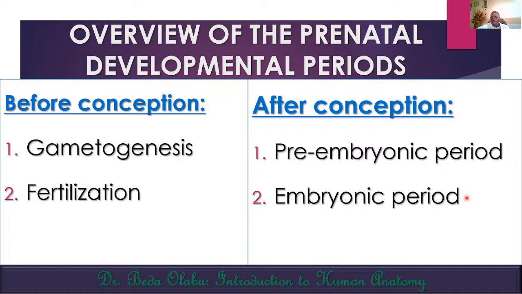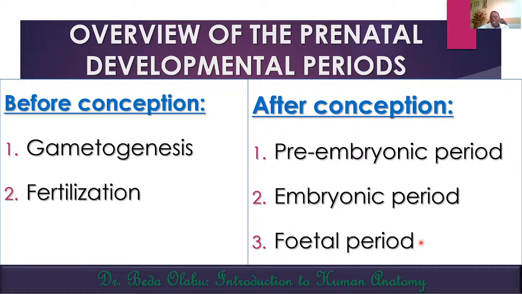After the 8th week from the time of conception, we talk of the fetal period of development. The fetal period is a period from the 9th week until when the baby is born.